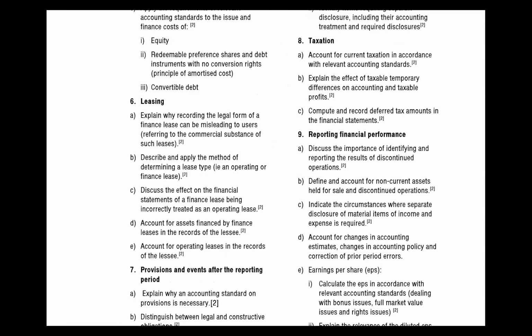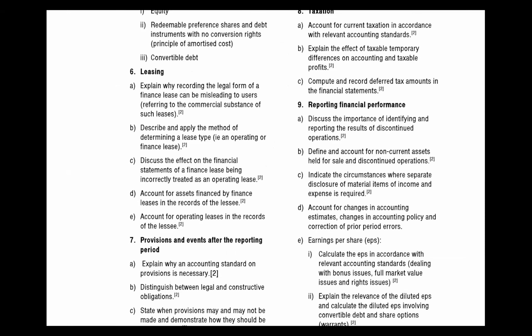We will look at leasing, explain why recording the legal form of a finance lease can be misleading to users. We will describe and apply the methods of determining a lease type. And we even discuss the effect on the financial statements of a finance lease being incorrectly treated as an operating lease.